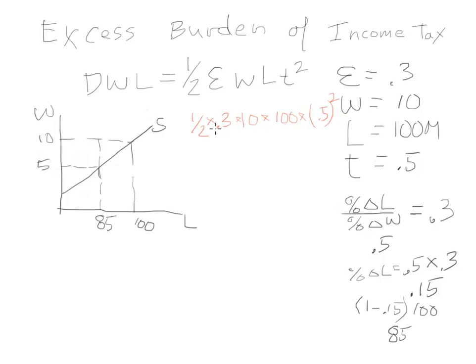So 1/2 times 0.3 times 10 times 100 times the tax rate squared. There's our tax rate, 0.5, right there. And I calculated that that is $37.5 million. So this area right here would be our $37.5 million.